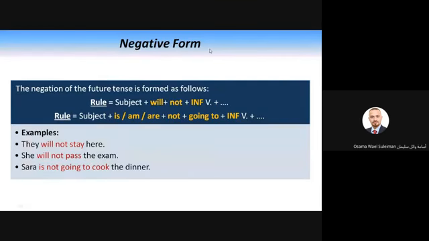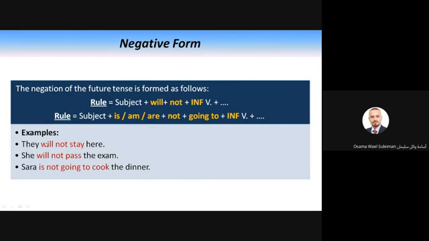Okay. So, the negative form of the future tense. The negation of the future tense is formed as follows. Subject قلنا not بعد الفعل المساعد مباشرة، will زائد not زائد infinitive. For example، نفس الشيء going to راح يكون عندنا أيضا، الفعل المساعد موجود مع ال will ومع ال going to. هنا will هي الفعل المساعد راح نخلي not، هنا عندنا is أو am أو are راح نخلي not.